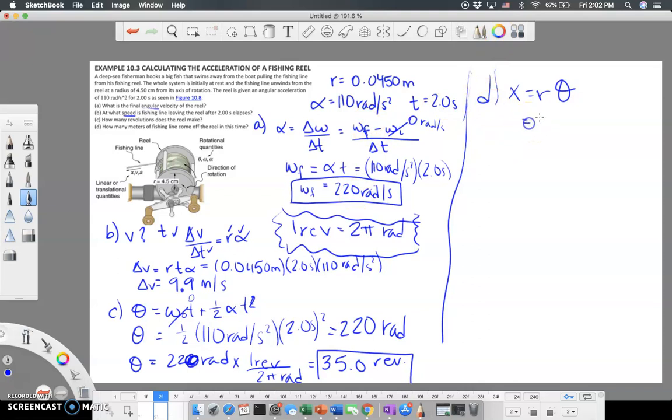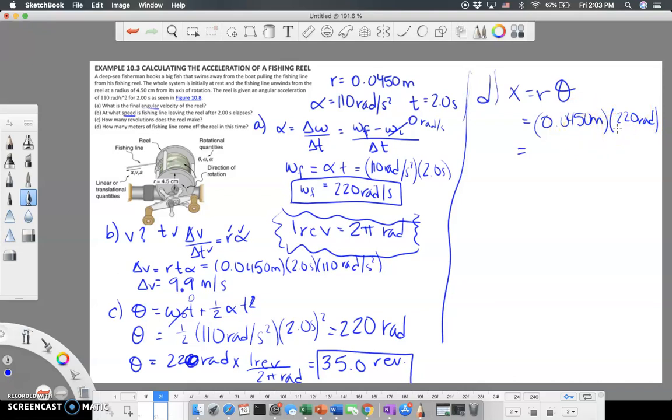So we can go ahead and put in our radius here, 0.045 meters, and that's going to be multiplied by our number of radians, which is going to be 220 radians. So this is going to tell us the distance that 220 radians will travel over that radius.